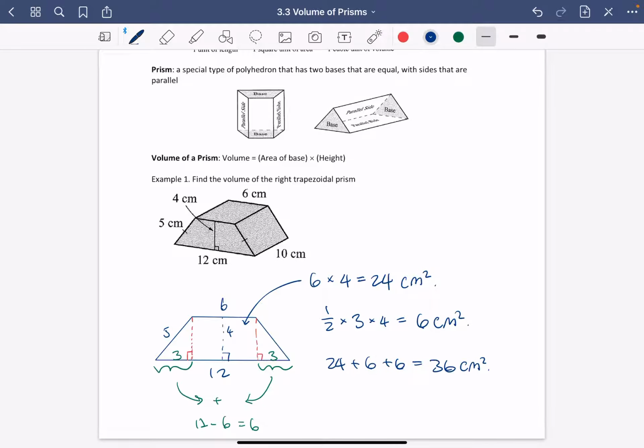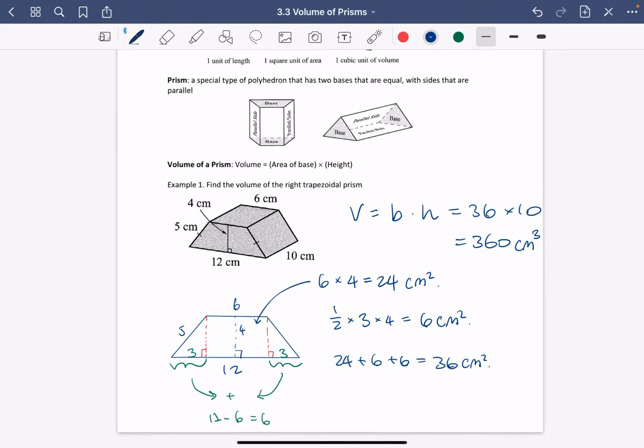Okay, so the volume will be base times height, which is 36 times 10, 360. Now, because it's volume, the unit will be cubed. So the unit is centimeter, the volume will be centimeter cubed.